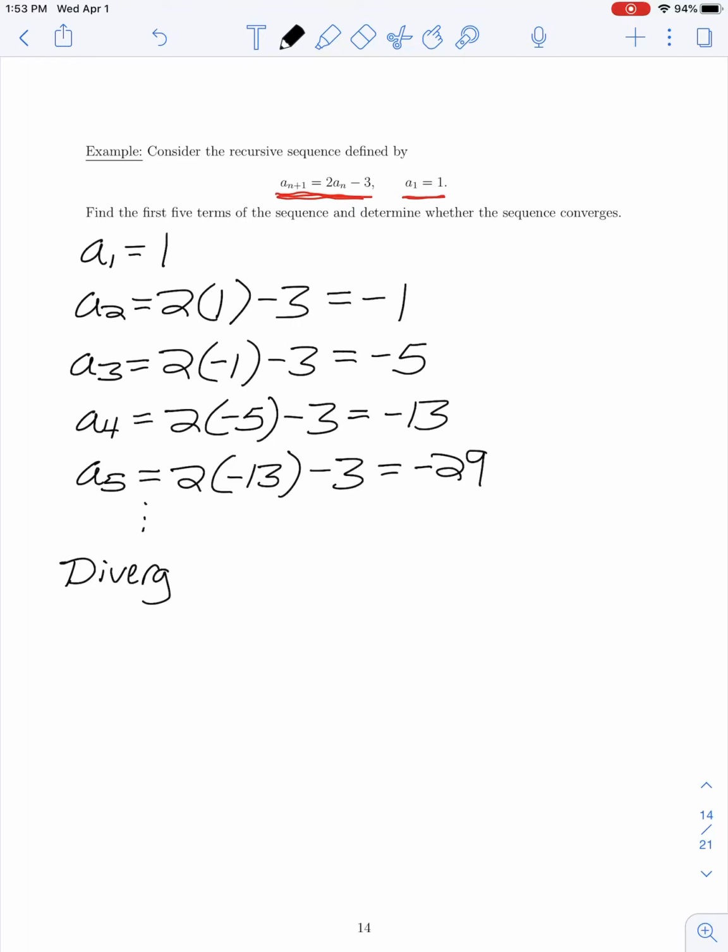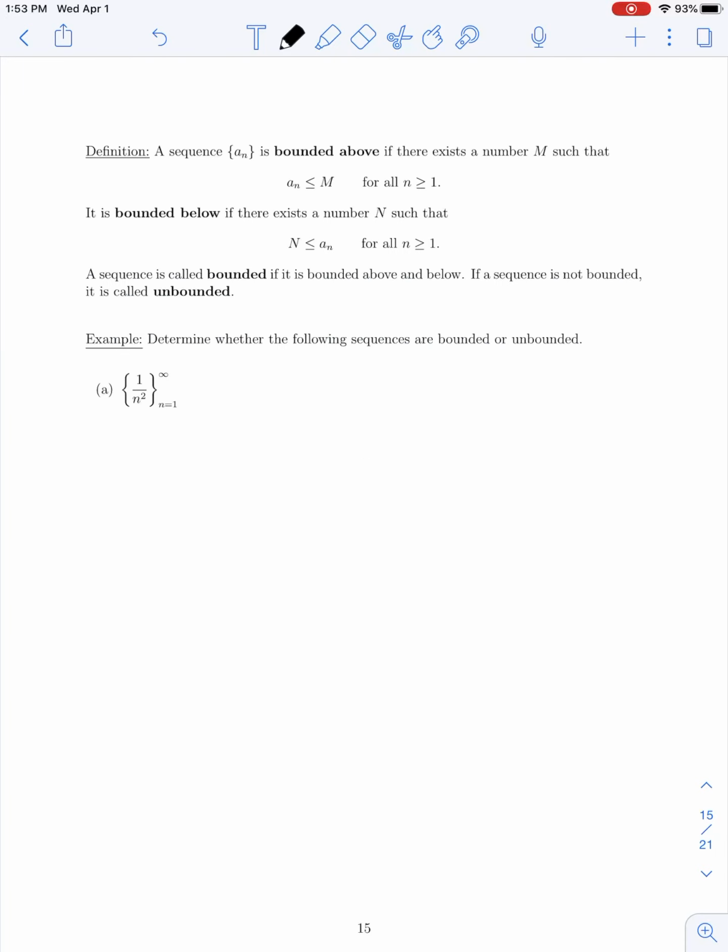But based off the first 5 terms that we're seeing, it looks like the terms in our sequence are becoming larger and larger in the negative direction. So if we were to keep listing terms, it looks like the terms of our sequence are diverging to negative infinity. So again, this sequence defined recursively we see as diverging.